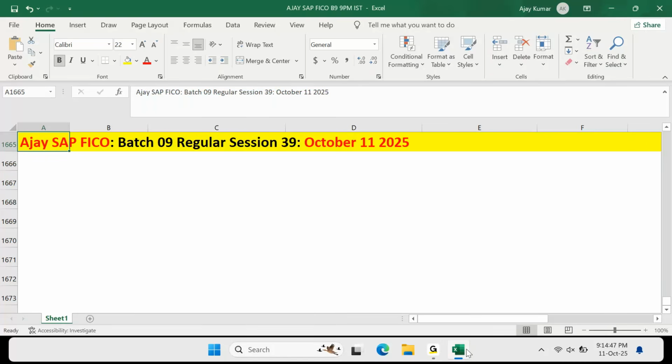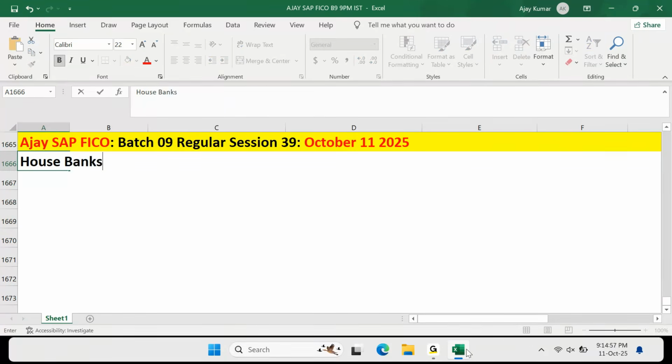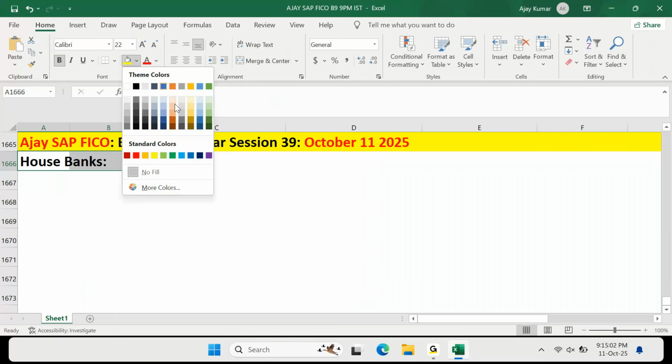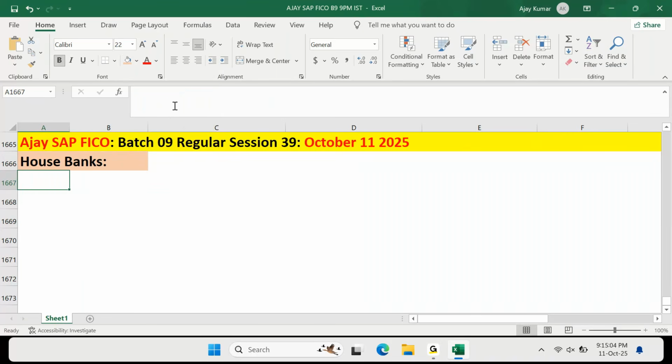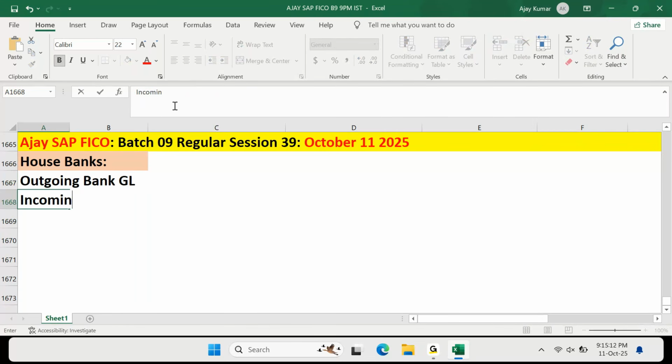Okay. Now what we do is, after understanding about house banks, from house bank we created two types of GL account, right? One is outgoing bank GL, the other one is incoming bank GL. Meaning these two are related to payment only.